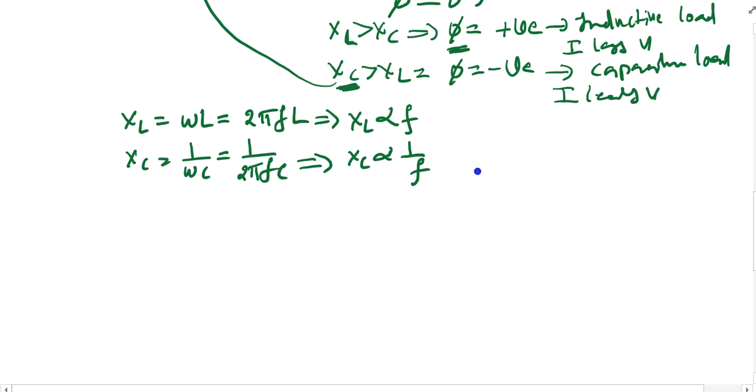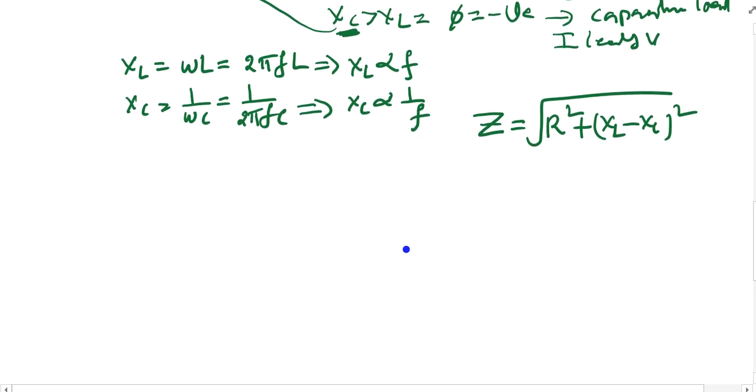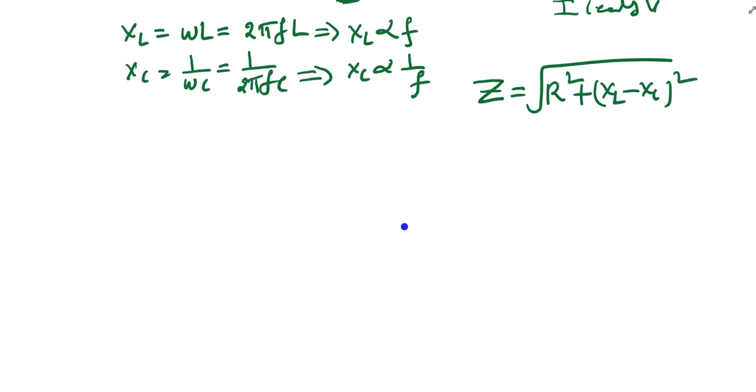So I know the impedance equation is nothing but the square root of R squared plus (XL minus XC) squared. So this is the impedance of the RLC circuit.